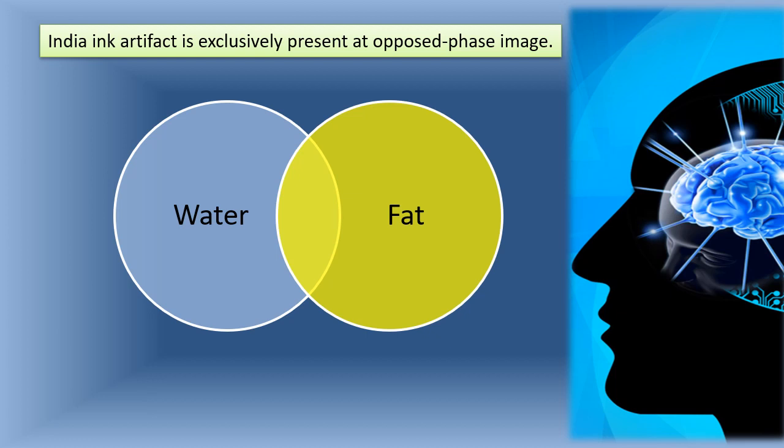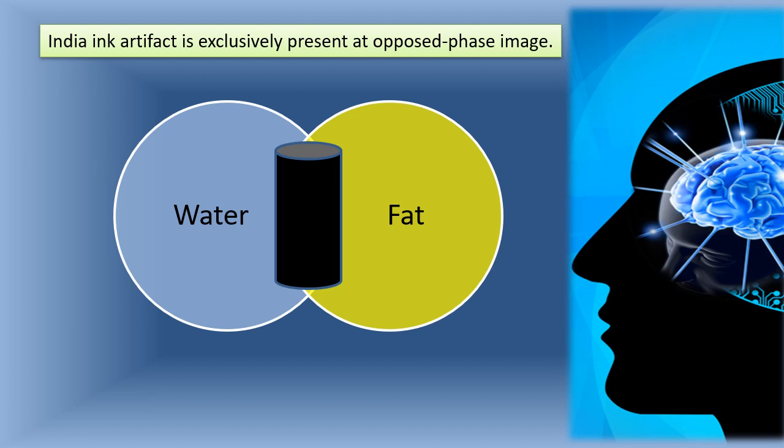Usually we have an intersecting part between the water component and the fat. So at this part, or this interface, the India ink artifact is formed because there is cancellation of the signal on the opposed phase at this part. So the dark line is formed here.